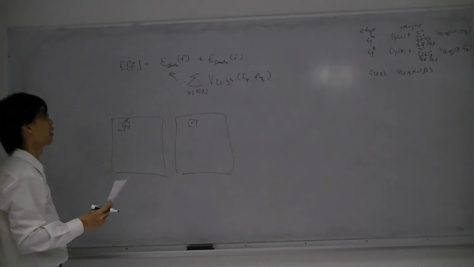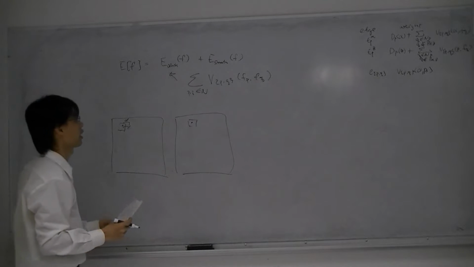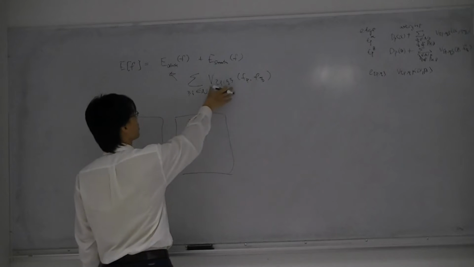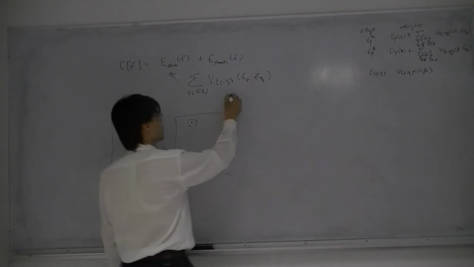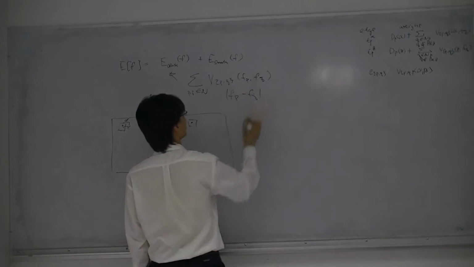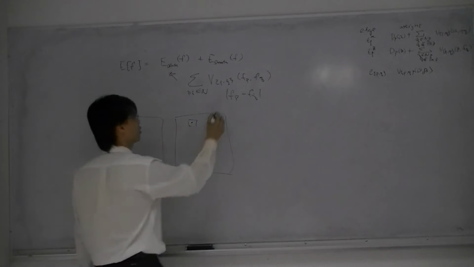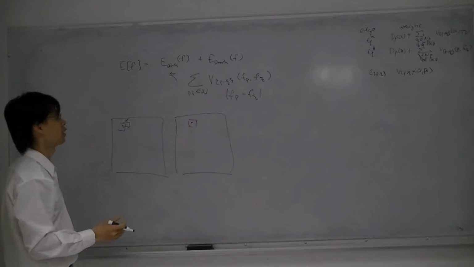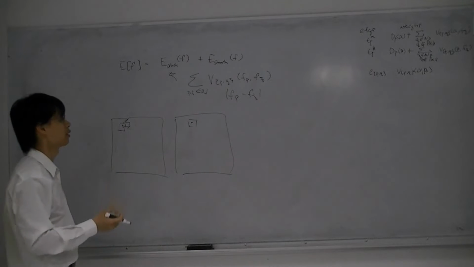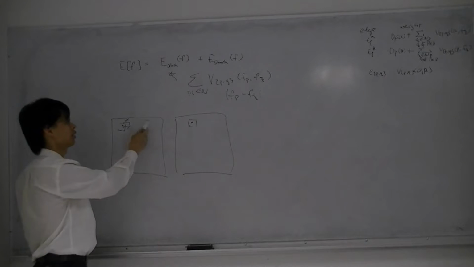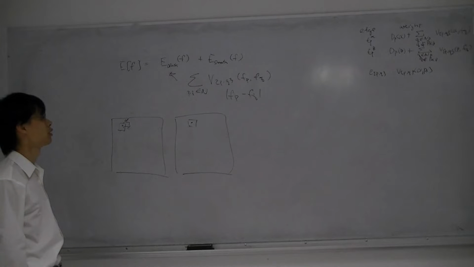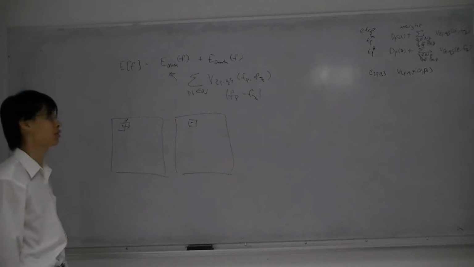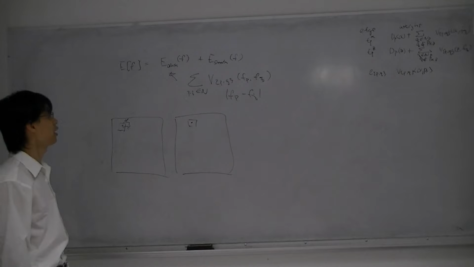For example, I can have this energy part as just the distance between FP and FQ. Then I basically force the labels to have less amount of variation.